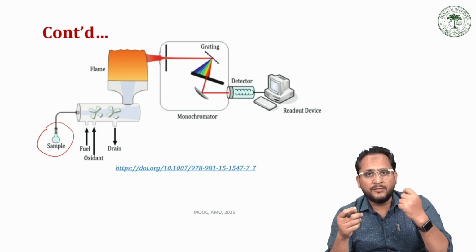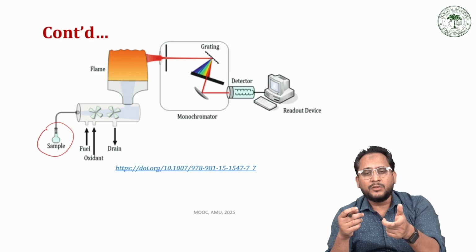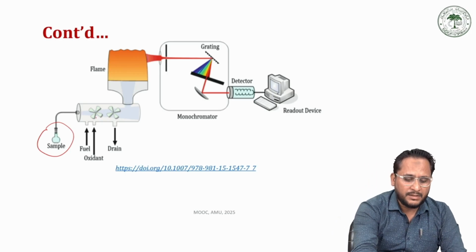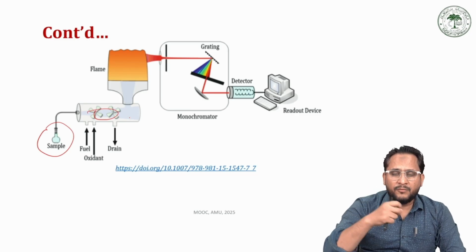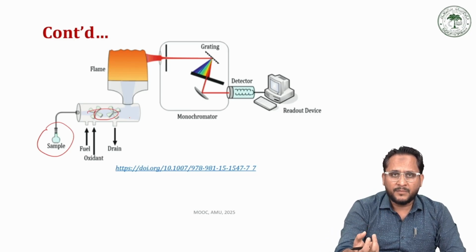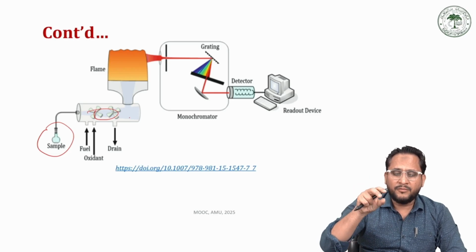Therefore, instead of taking the sample in liquid form, we convert it into an aerosol, and for that the sample is mixed with fuel and oxidant so that it gets converted into an aerosol. Just like the perfume we are using, we have a liquid fragrance and alcohol, then it is mixed with air and converted in the form of an aerosol.